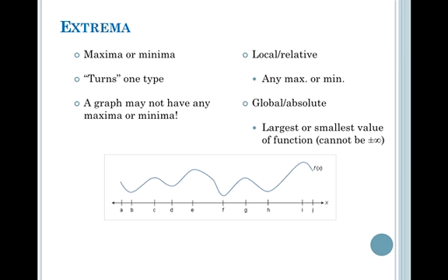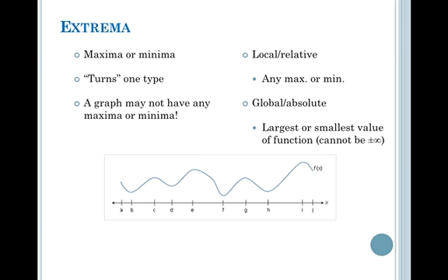If we look at c, that's going to be a local max, that looks like a peak. D would be a local min, because that looks like a valley. E would be another local max. F would be another local min, and actually f is the smallest of these minimums, so we would call that our global or absolute min. G is another peak, so that would be a local max.